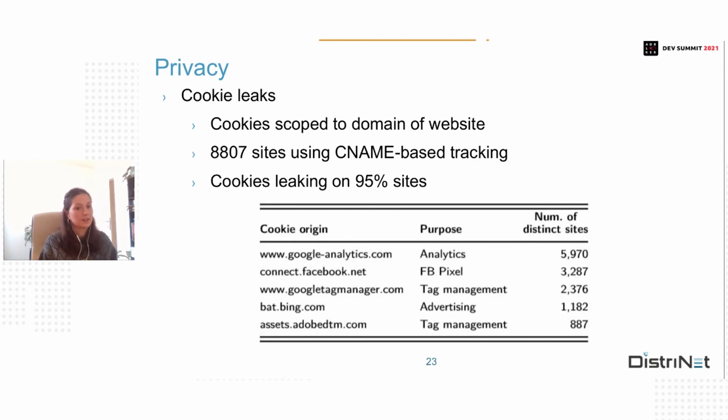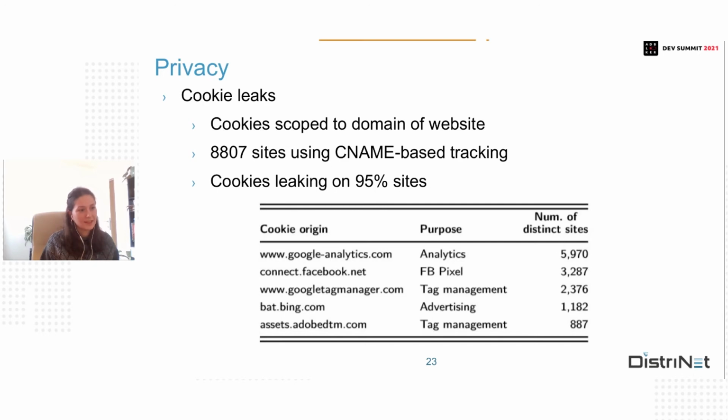So we had a look at almost 9,000 websites, and we found that at least one cookie was leaking on 95% of them. In this table, we can see the most common origin of the cookie being set. For instance, Google Analytics sets first-party cookies on all the websites, and in so many cases, that cookie got sent to the CNAME subdomain.